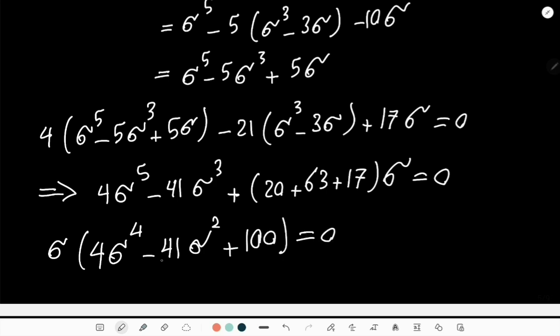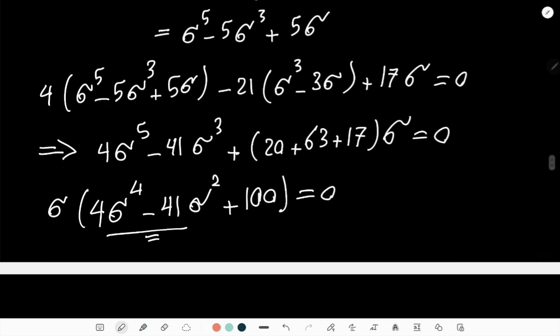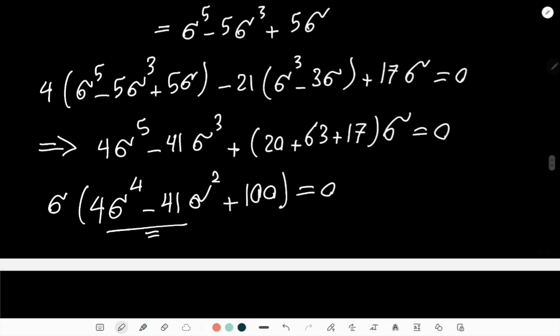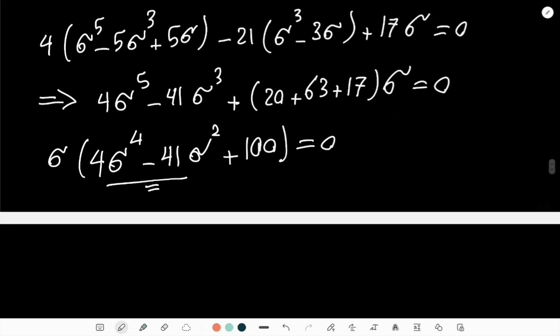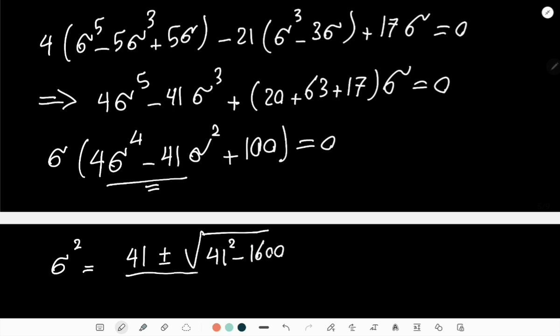Even though this is an equation of order 4, it is very similar to a quadratic equation if you just take sigma squared as some new variable, and it can easily be solved by the formula. So if I solve it by the formula for a quadratic equation, then I get sigma squared equals 41 plus minus the square root of 41 squared minus 1600, divided by 8.